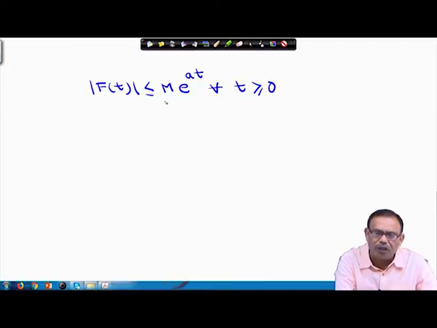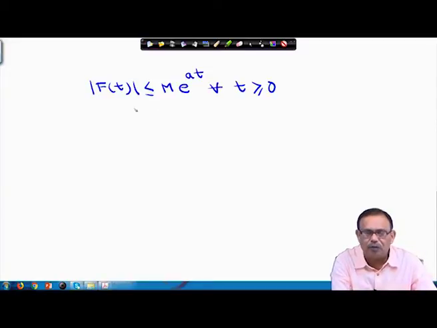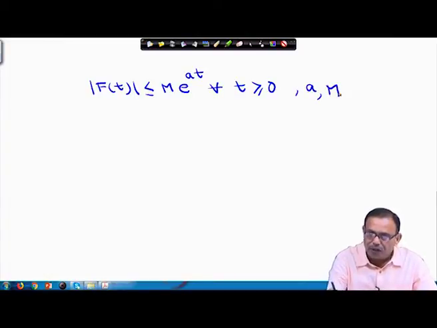In the theorem itself, we have said that f t is continuous and of exponential order a. So from there we write the modulus of f t less than or equal to M into e power a t for all t greater than 0, for some constants a and capital M.